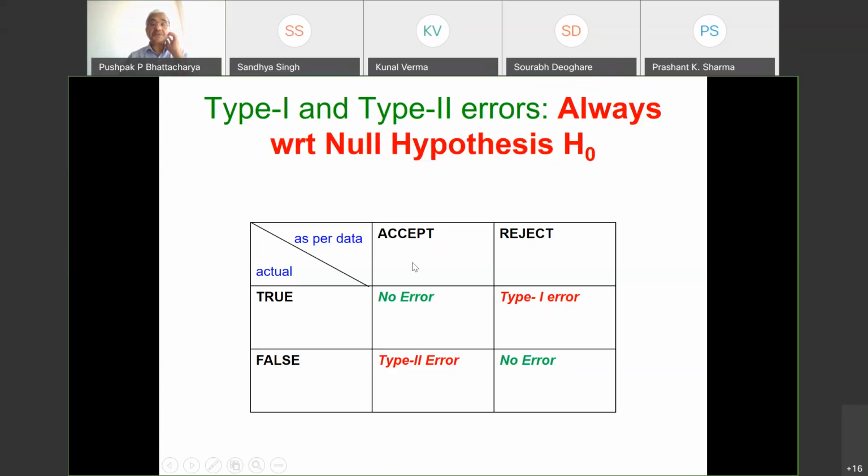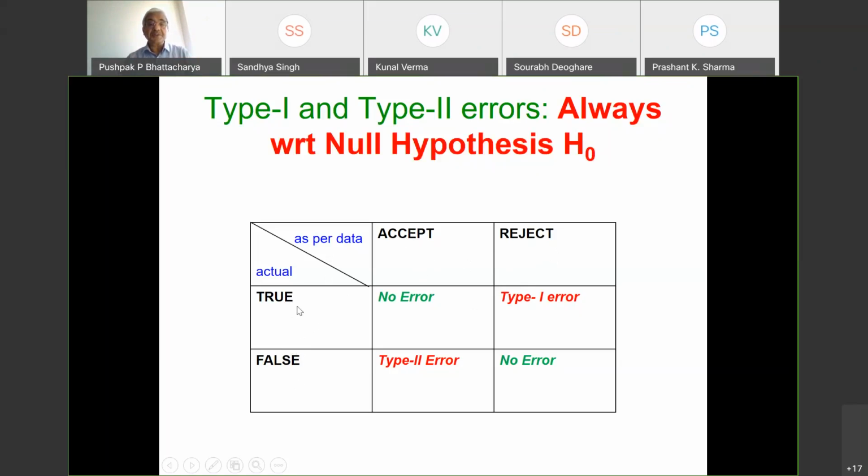Now, 4 situations are possible. The hypothesis is actually true, and the hypothesis is actually false. The hypothesis is either actually true or false. So these are the 2 possibilities on the row. And based on the data, we either accept or reject the hypothesis, which has a very definite mechanism for accepting or rejecting.